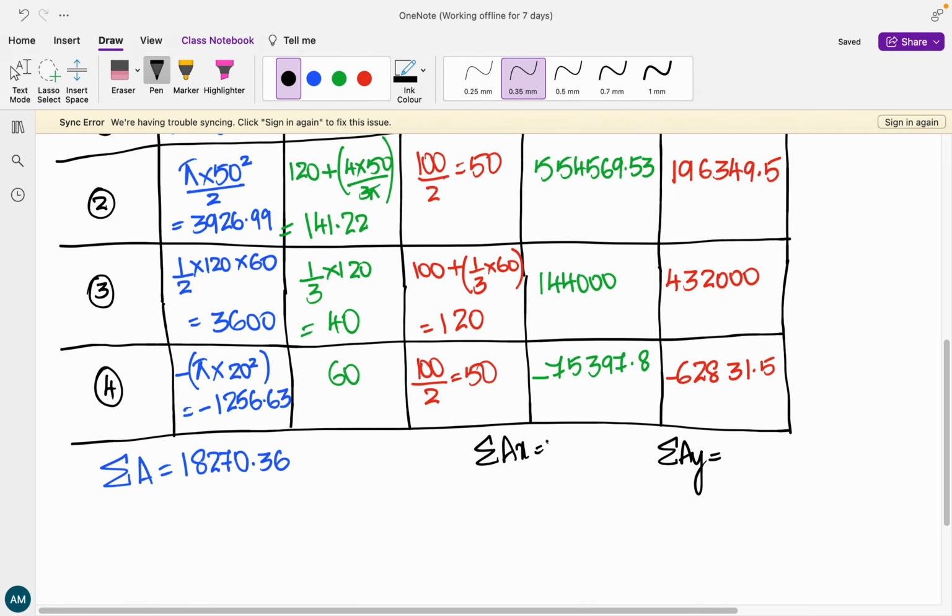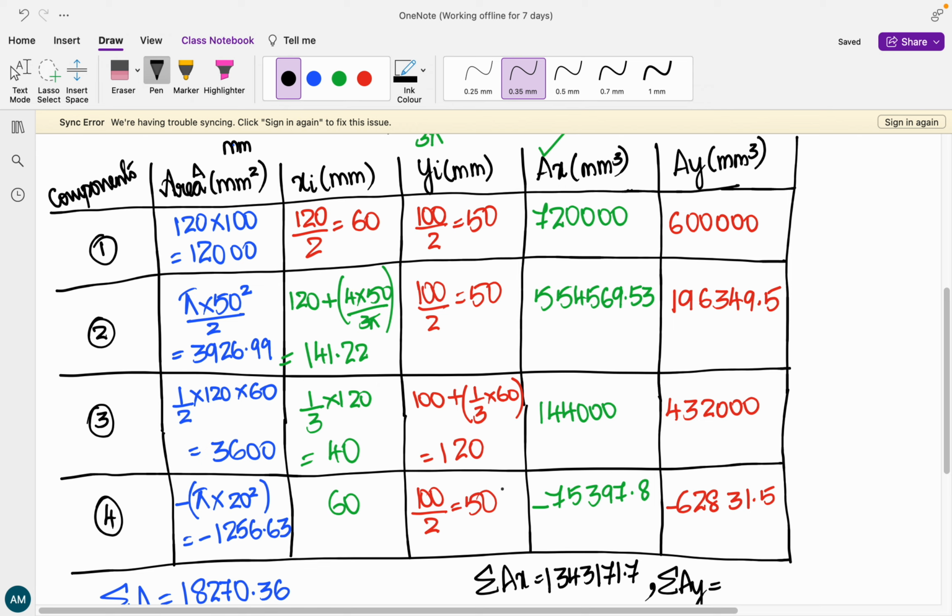Summation of a into x is 1343171.7, and make sure that you use this negative sign. If you miss that negative sign, then definitely the answer you get is going to be completely wrong. Along with the sign itself, we are supposed to do the calculation. Do not forget the signs anywhere. Cut out means it is subtracted, it is going to be removed.